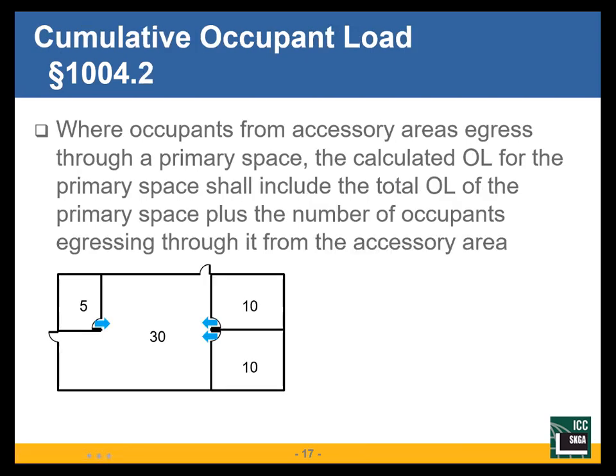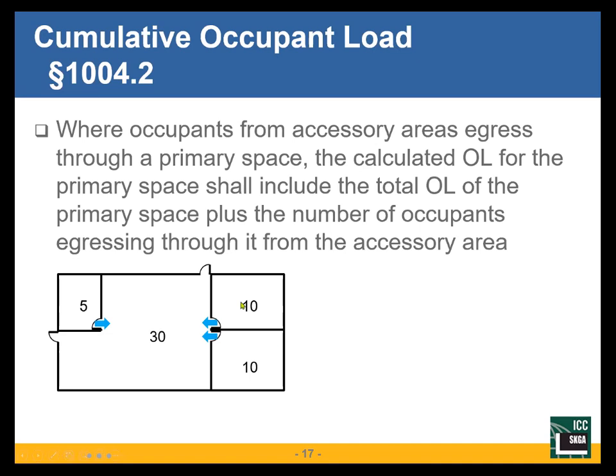Now, there are times when we need to add our occupant load together in different rooms. Typically, when we're doing egress evaluation, we have to look at each room, make sure it complies, then the floor, then the building. We have to look at each space.